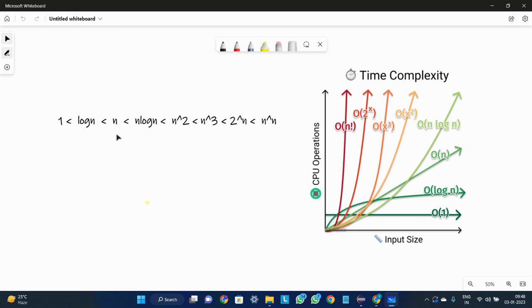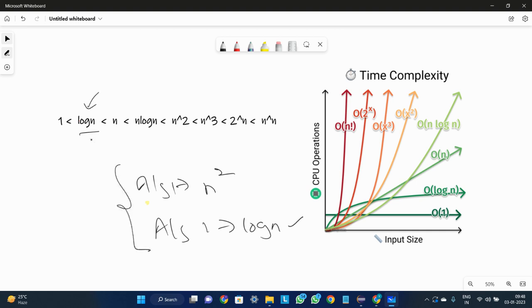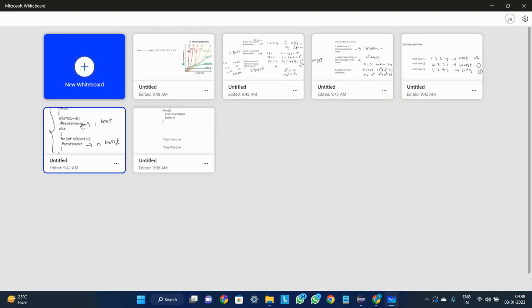If algorithm 1 is coming as n square and algorithm 2 is coming as log n, which one will you pick? Obviously log n, because log n is the least time complexity. In this way we can calculate the time complexity of data structures.